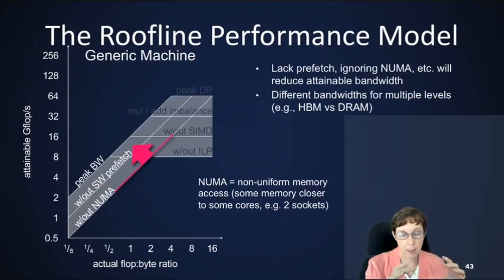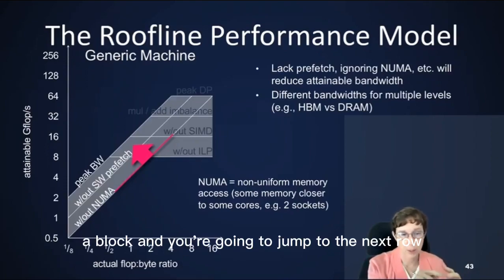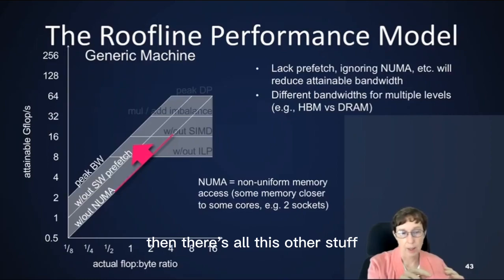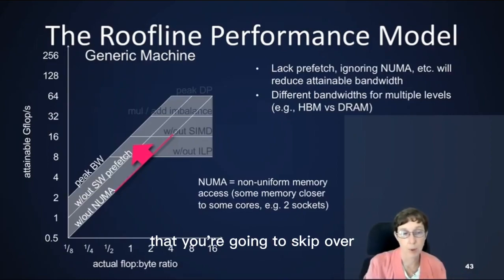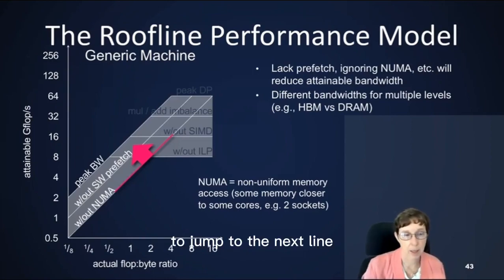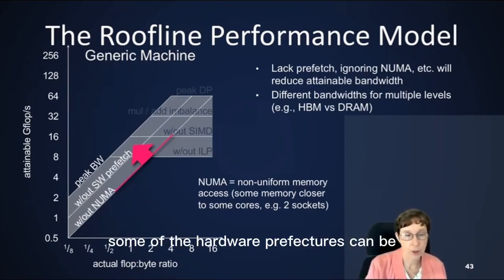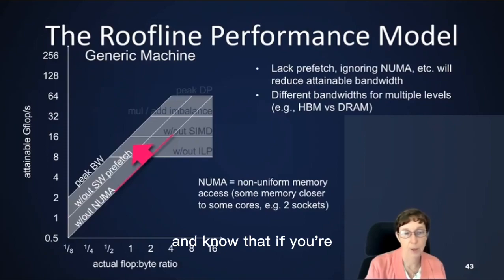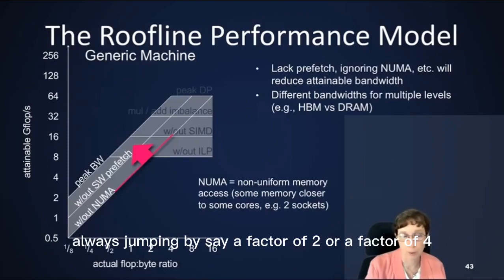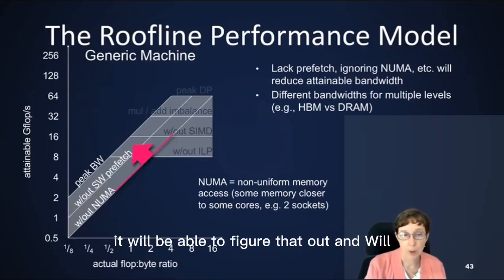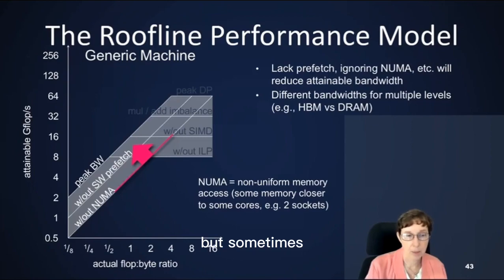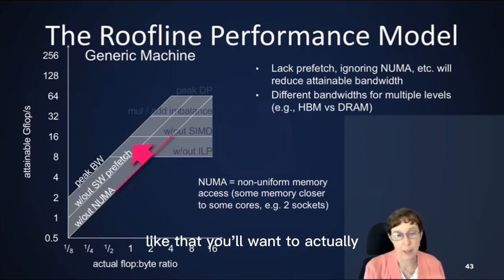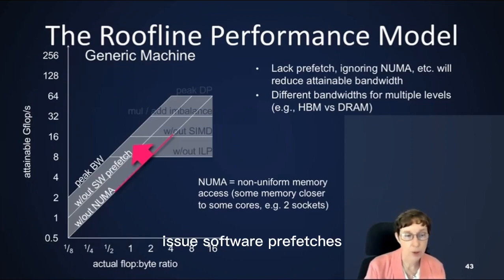If you've got a block and you're going to jump to the next row, then there's all this other stuff that's contiguous in memory that you're going to skip over to jump to the next line. Some of the hardware prefetchers can be very sophisticated and know that if you're always jumping by, say, a factor of 2 or a factor of 4, they will be able to figure that out and will go and load that next cache line for you.